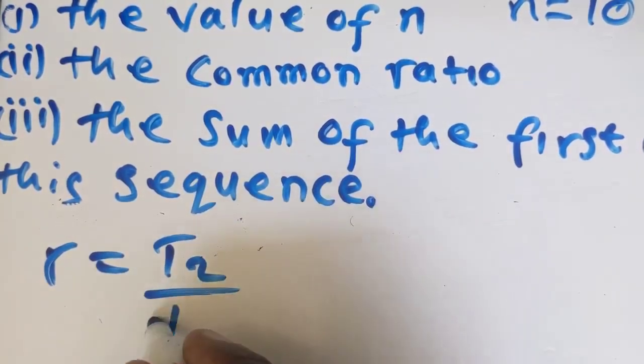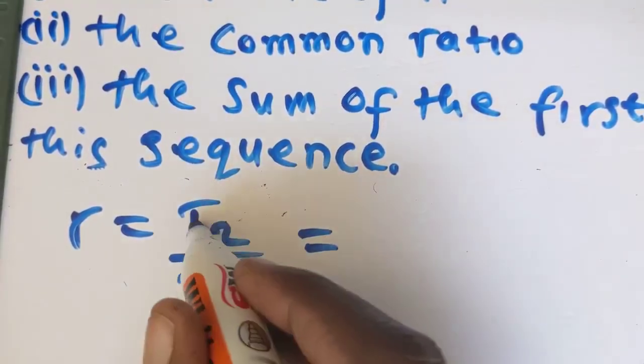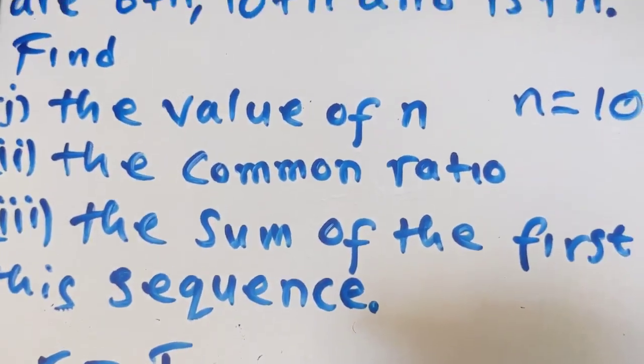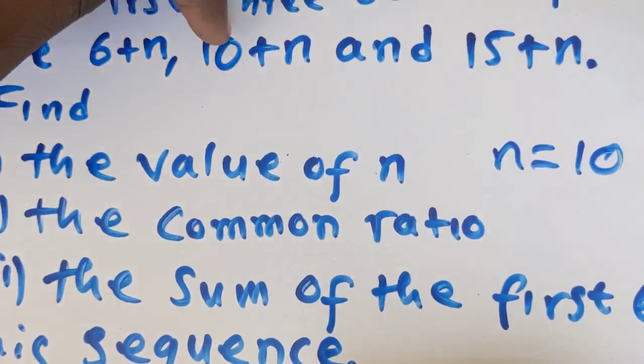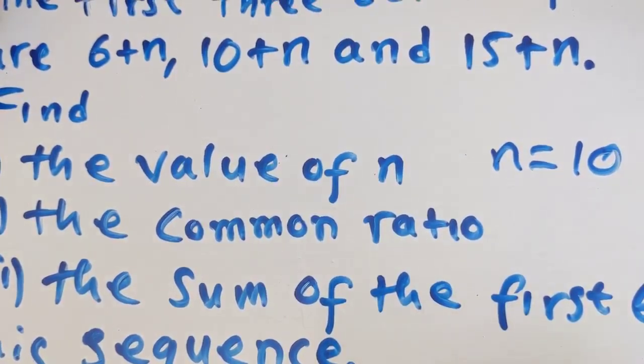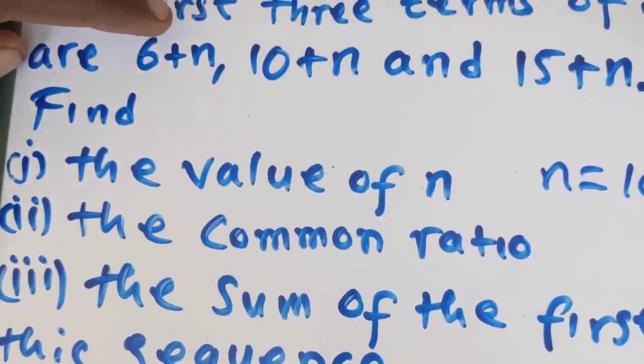Term 2 we have 10 plus n, divided by term 1, which is 6 plus n.